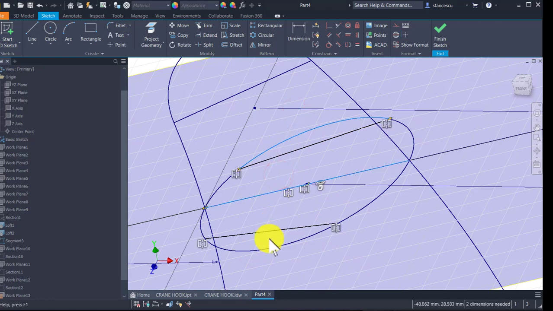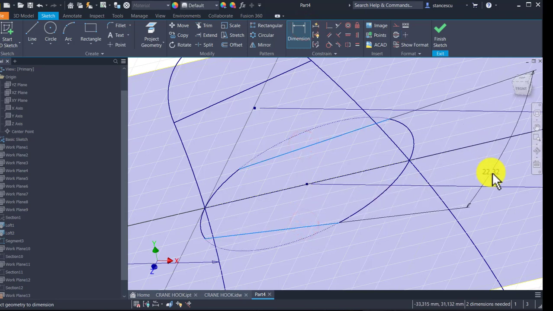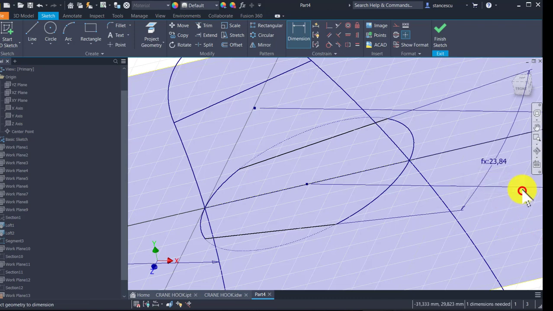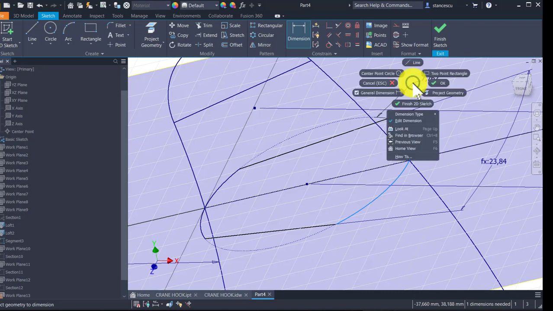Select construction lines, angle. Oh, I forgot to apply diameter, so that I have to select diameter. Cut angle, okay. Dimension here is diameter.